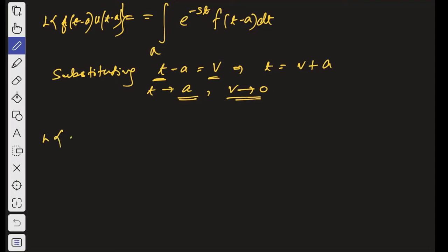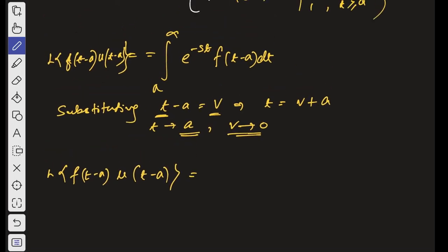Let me scroll down. So this result can be written as the Laplace transform of f of t minus a into u of t minus a, which is going to be equal to, instead of a to infinity, we now write 0 to infinity, because when t tends to a, b tends to 0, and instead of t we have put v, right?